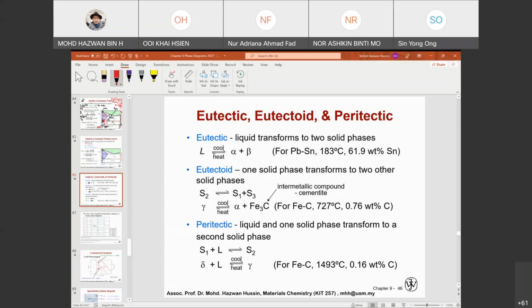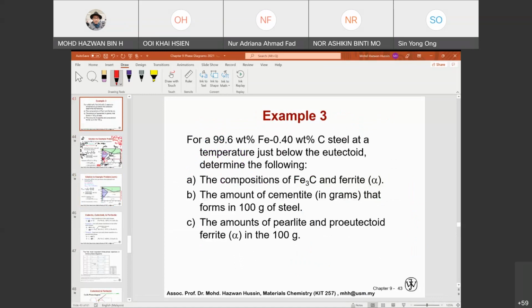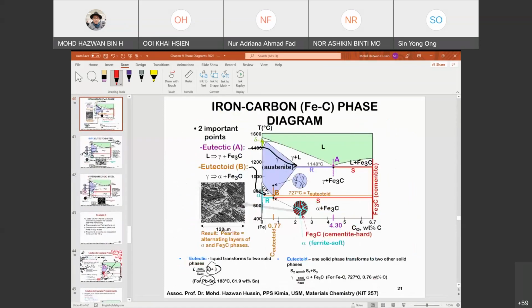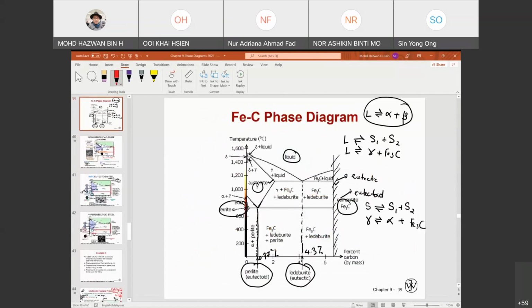In this case, for the cast iron phase diagram, let me show you. Okay, so it will form somewhere here. Did you see a line over here? A vertical line, a very small line over here. Can you see it? On top is delta plus liquid. And what will be at the bottom?